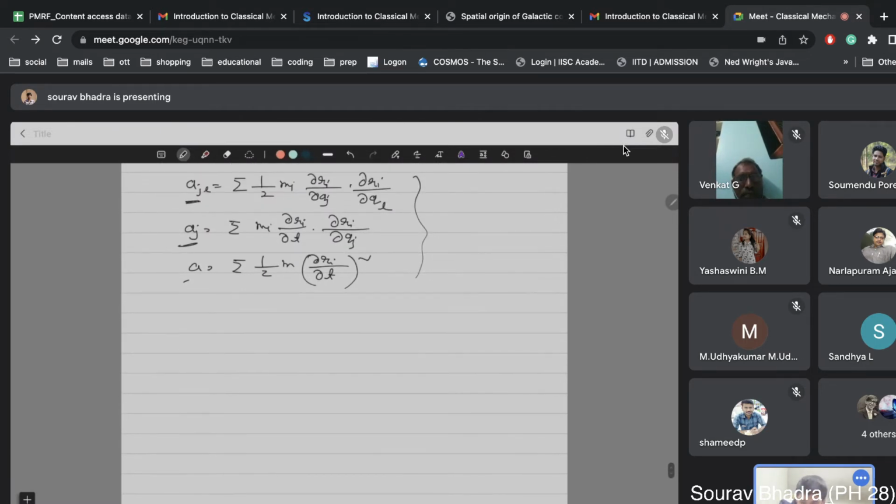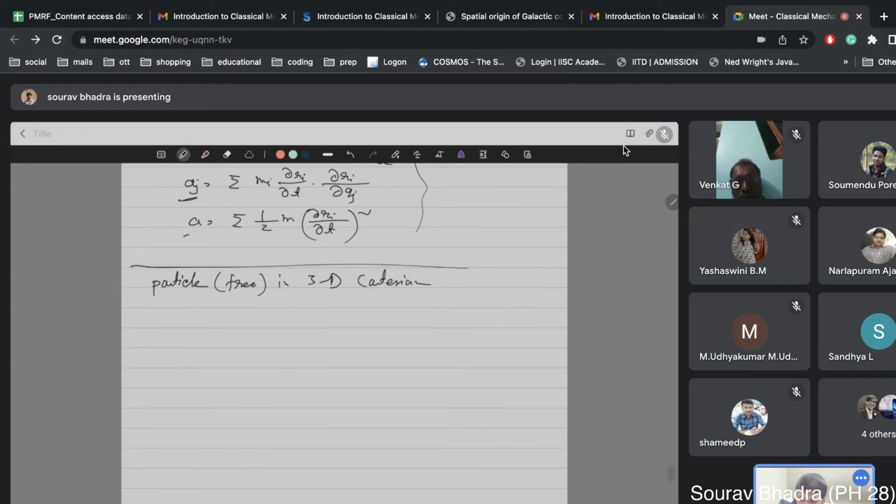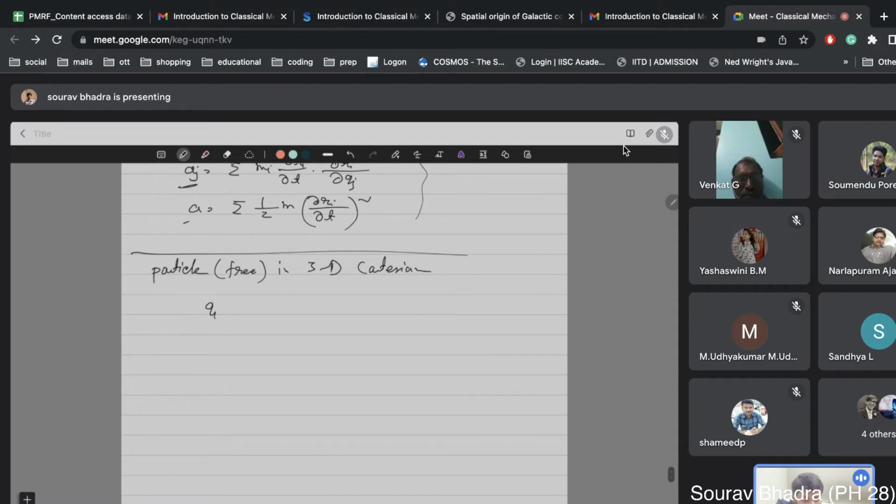Using this method, now for a free particle in 3D Cartesian, our generalized coordinates q1, q2 and q3 are just x, y and z.